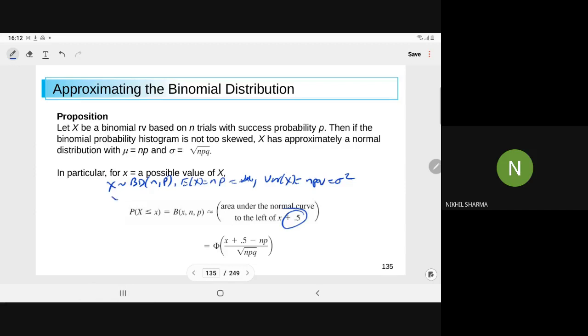So we can approximate with the normal distribution with parameters mu and sigma square with half unit correction, which you always have to take care of.